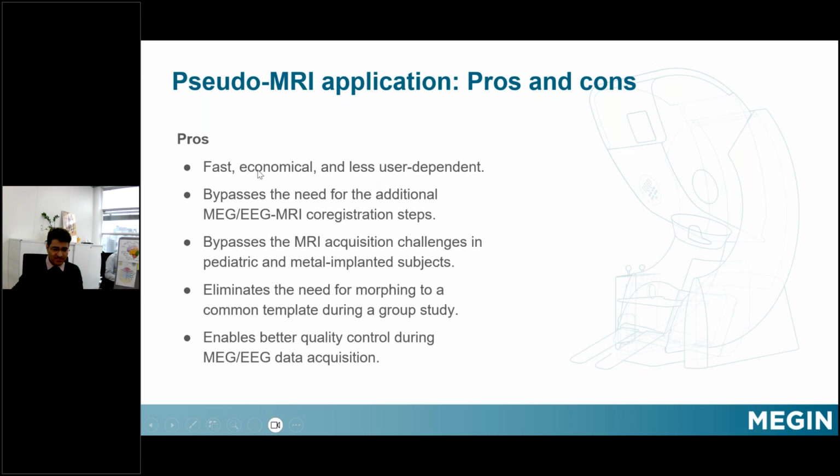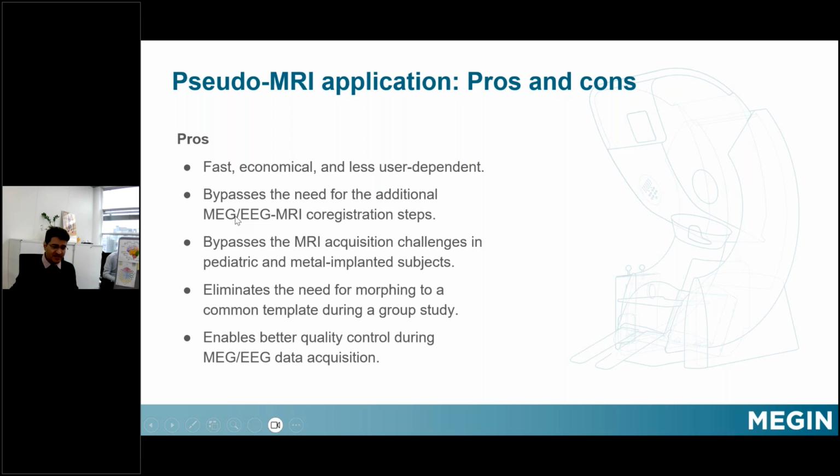It's economical because there is no MRI scan and no logistics required. Time-wise, of course, it's fast, and less user dependent, because as I told, it's a completely automated system. You just need to give the right information while running the program, for example, the fiducial points.